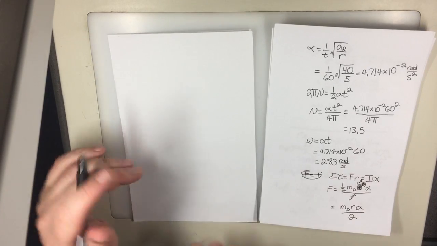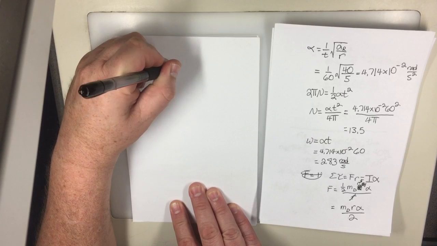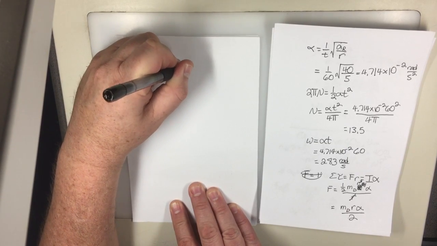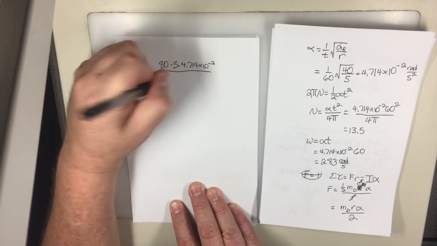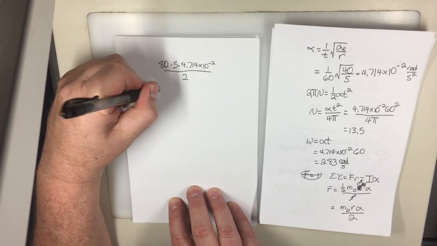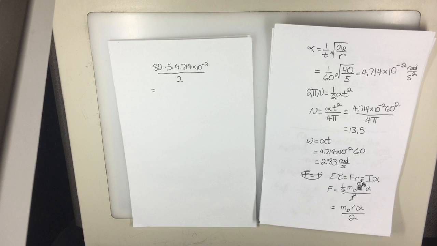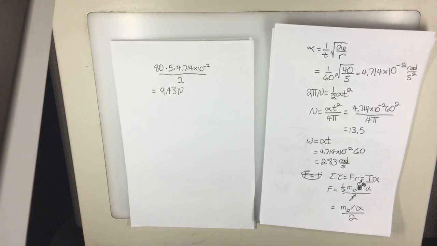So this becomes 80 times 5 times 4.714 times 10 to the negative 2 over 2, which is 9.43 newtons.